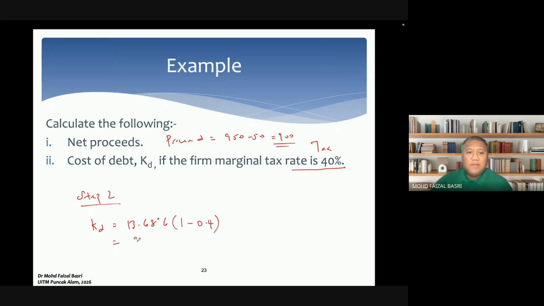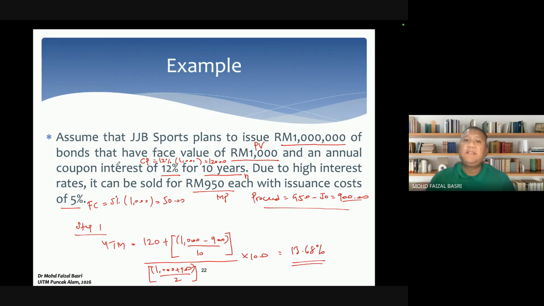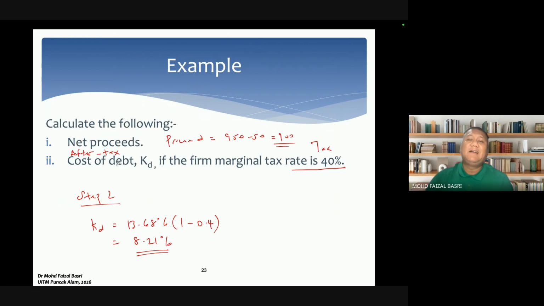So you are left with 8.21%. Okay, so this is the after-tax cost of debt. So for this company, JGB Sport, if they decide to issue bonds in order to generate 1 million ringgit, the cost for this company based on this information is about 8.1% after tax. Okay, after tax it is 8.21%.